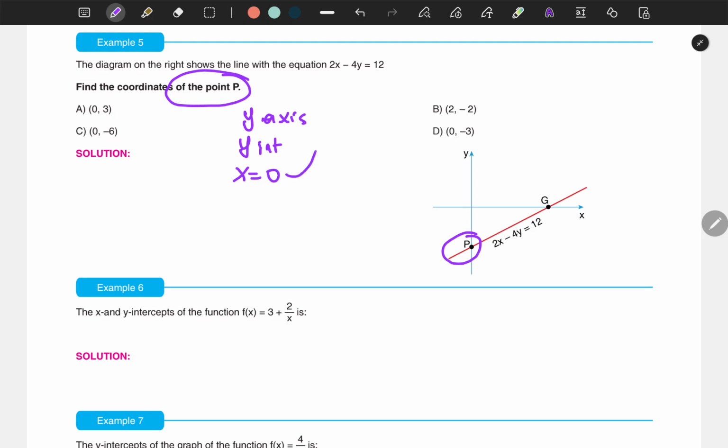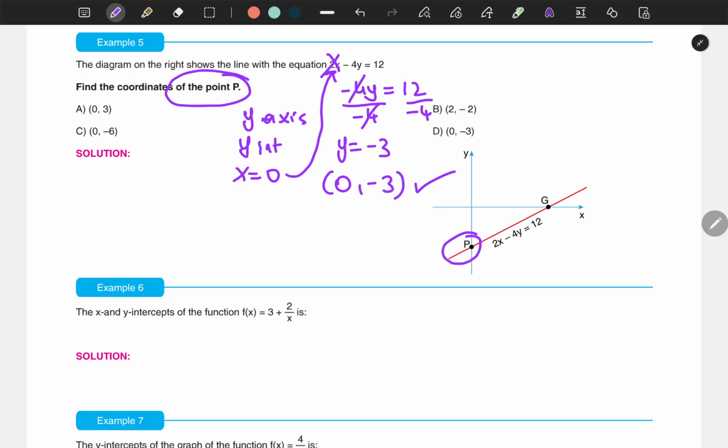Okay, come to here. Replace x with 0. 2 times 0 is 0. What's left? Negative 4y is equal to 12. On both sides, if I divide by negative 4, those are cancelled. y is equal to what? Negative 3, isn't it? Can I say this? x is 0, y is negative 3? Yes, teacher. This is my answer. D.